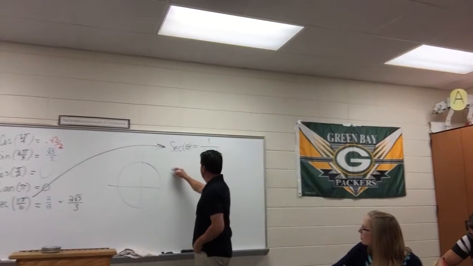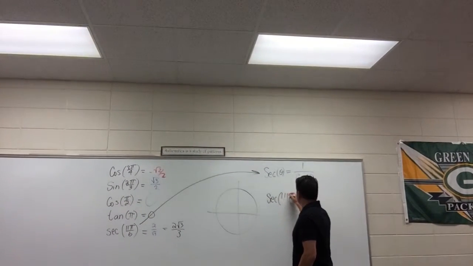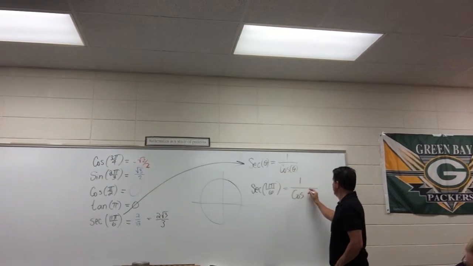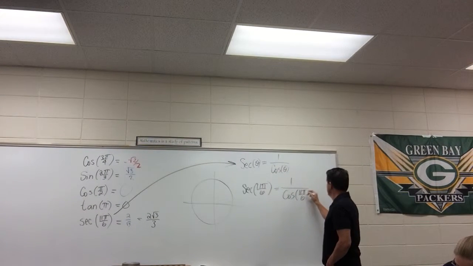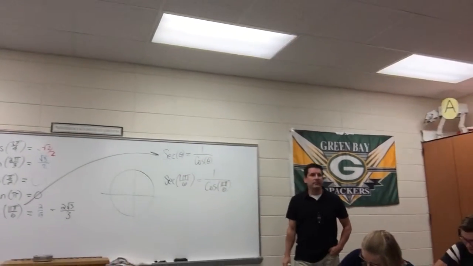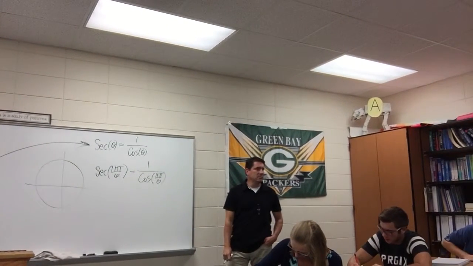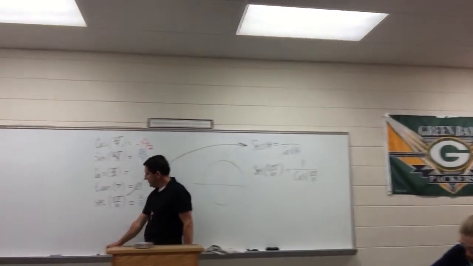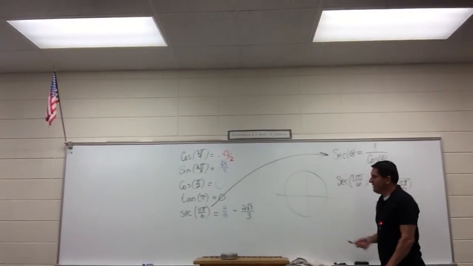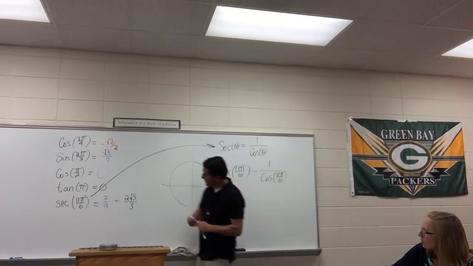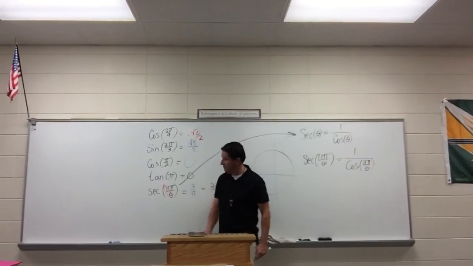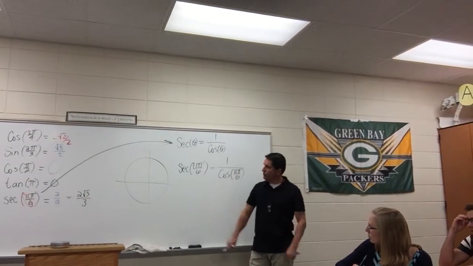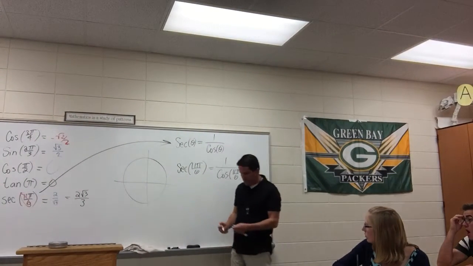So that means that the secant of 11 pi over 6 is defined as 1 divided by the cosine of 11 pi over 6. So now we just have to find the cosine of 11 pi over 6. So let's see if you're doing this the way that I described. You think about 11 pi over 6 and you say, holy mackerel, that's pretty close to 2. Right? Okay, it's close to 2 pi. 11 over 6 is 1 5/6.